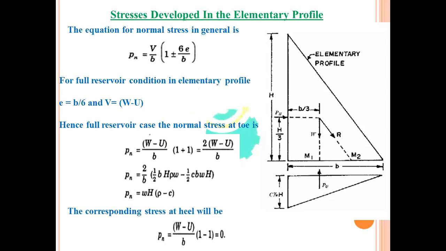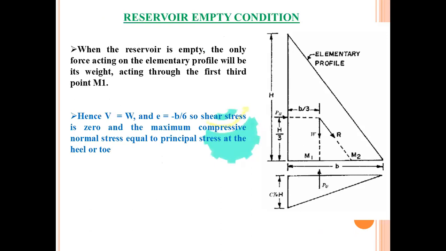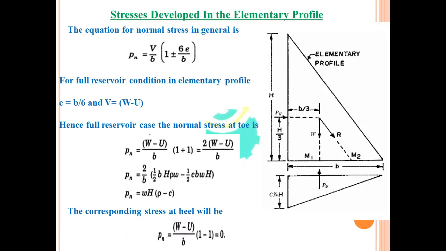Next, what are the stresses developed in the elementary profile? Majorly, we consider the normal stress, principal stress, and shear stress at heels and toes. First we calculate the normal stress.